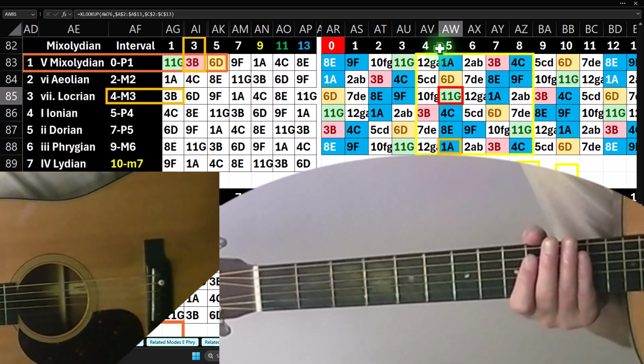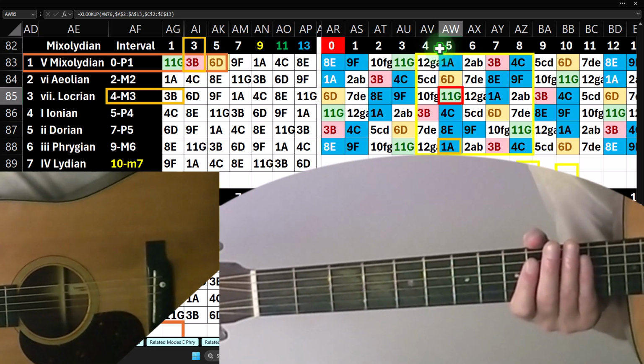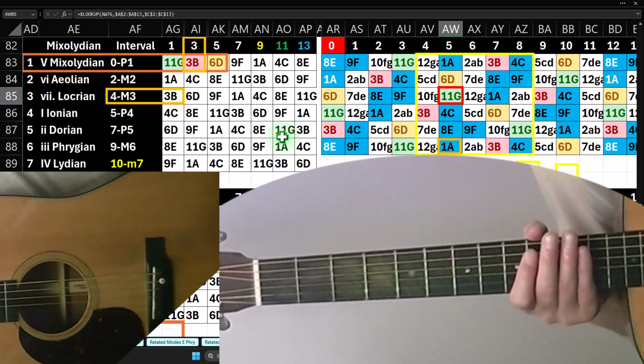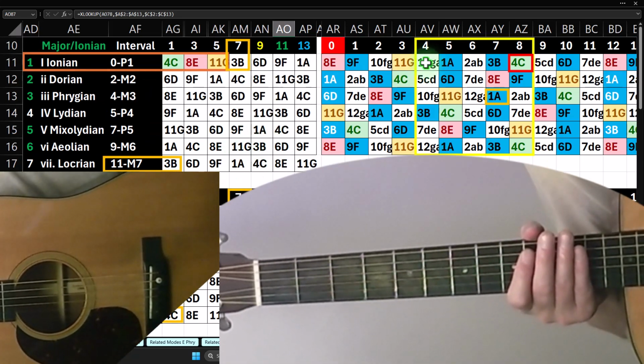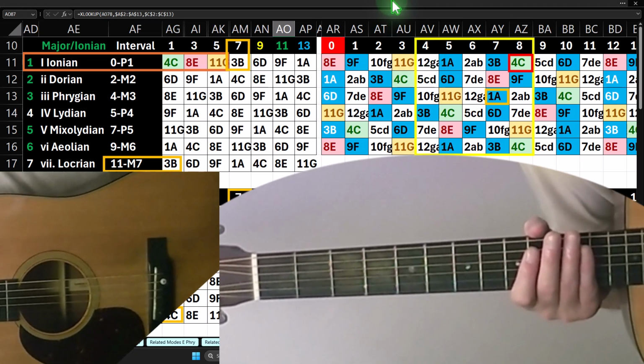Let's do a quick recap of the Mixolydian mode, how it relates to the major mode, and how we can get these shapes orientated in our mind. If we go back up to the major scale, we note that we can learn the scales and the shapes basically 3 main ways.